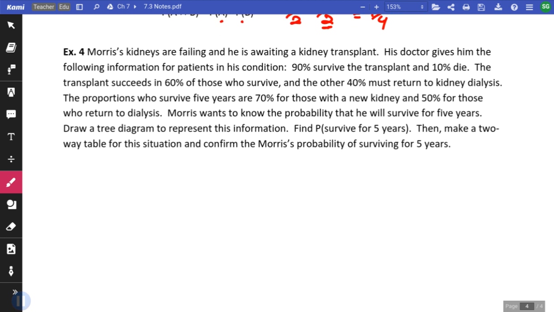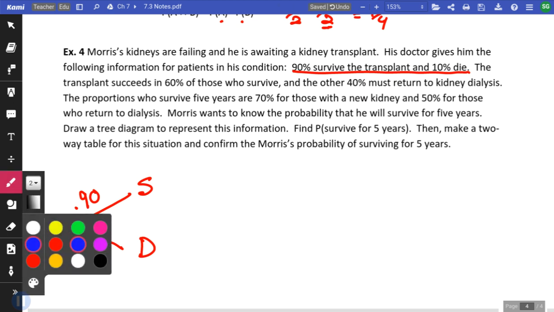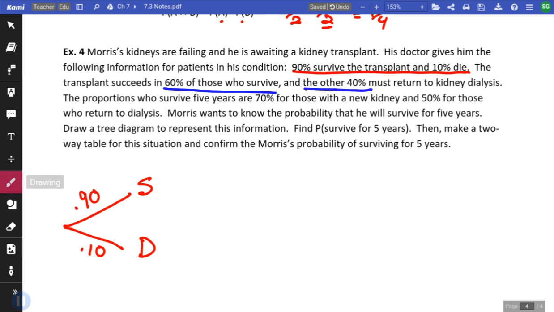Okay, so we're going to start with the first piece of information. They're getting the transplant, so 90% survive, and then 10% die.